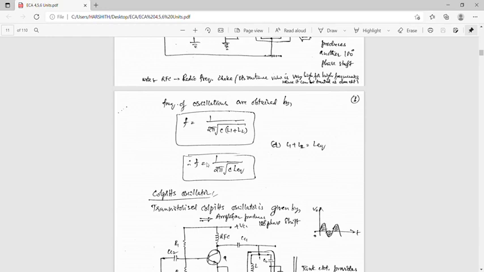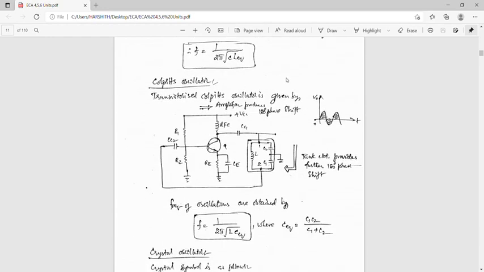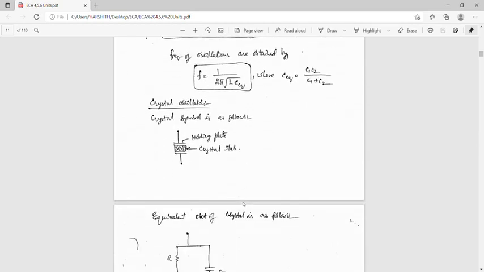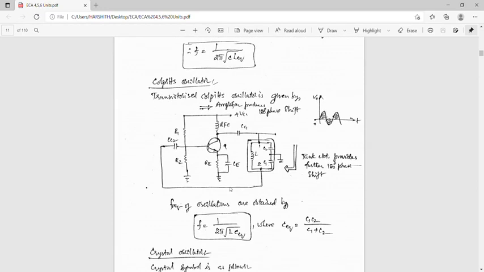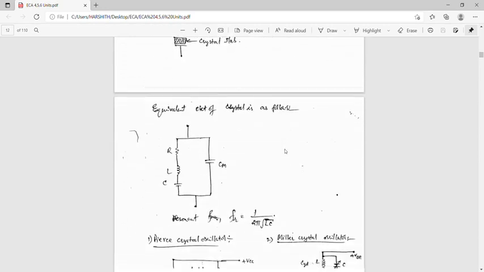This is the Hartley oscillator. In the Colpitts oscillator, f equal to 1 by 2 pi square root of L into C equivalent, where C equivalent equal to C1 C2 by C1 plus C2. This is the Colpitts oscillator. Okay, and the next one, crystal oscillator.